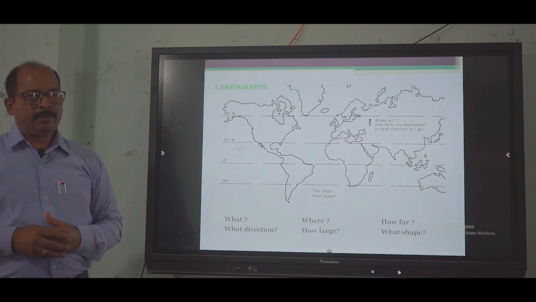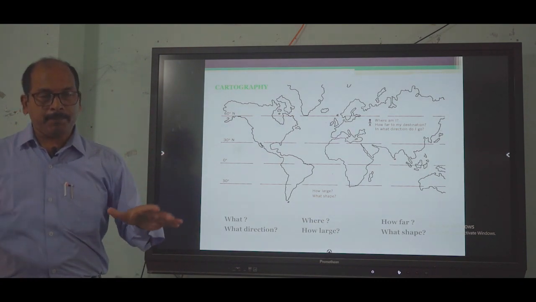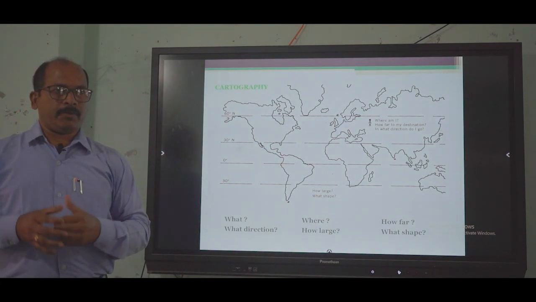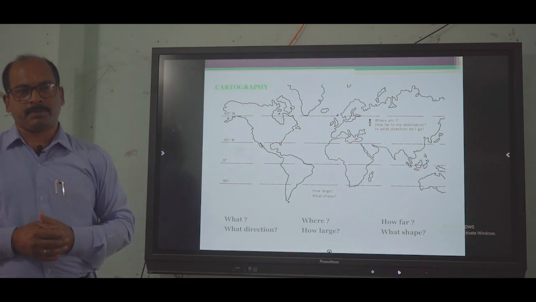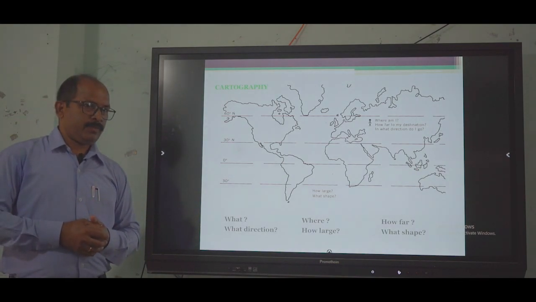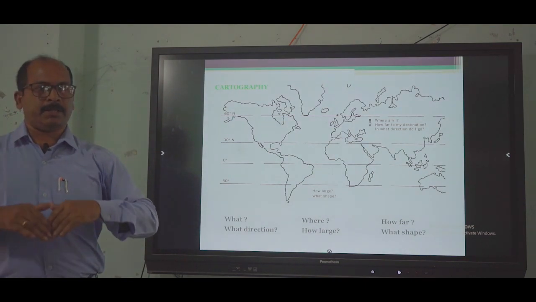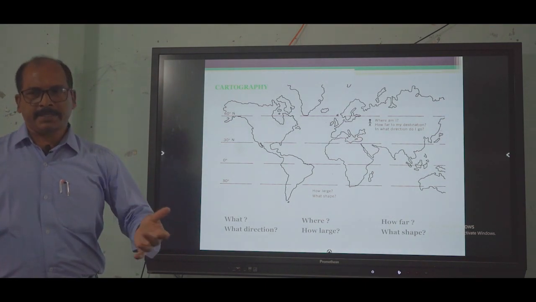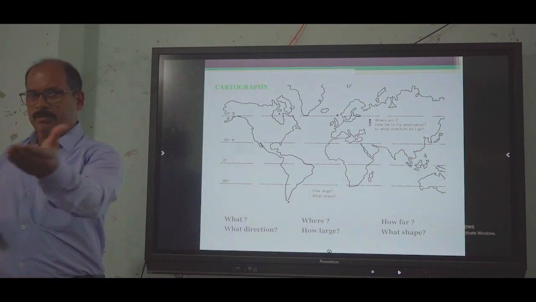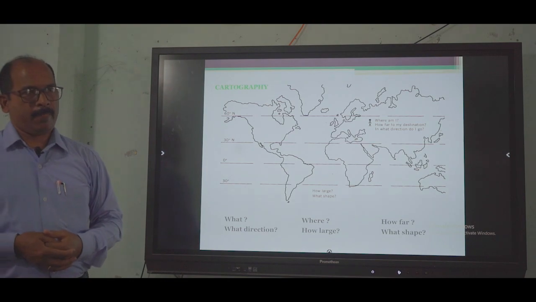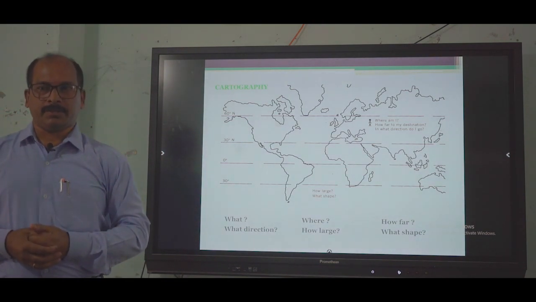Whenever geographers or other branches of science try to draw a map of the world, it is given by cartography. So it is a very important subject, a very important branch. We deal with different countries in different structures and modalities. Different subjects also use maps. You have atlases, no? Look at the atlases. There are different types of maps, and these are the products of cartography.